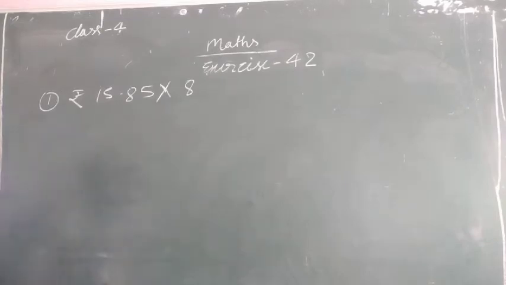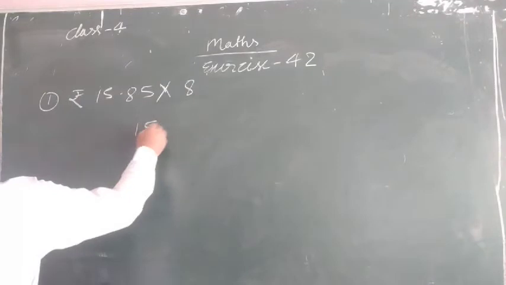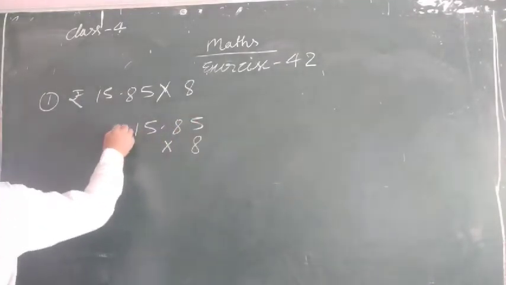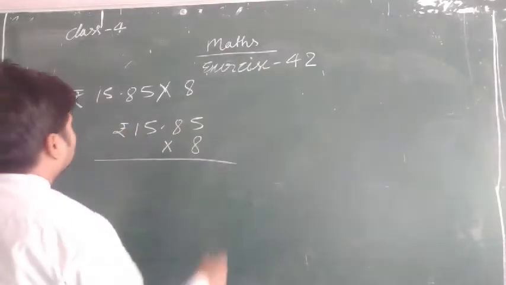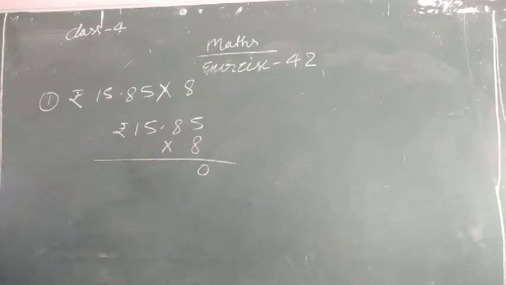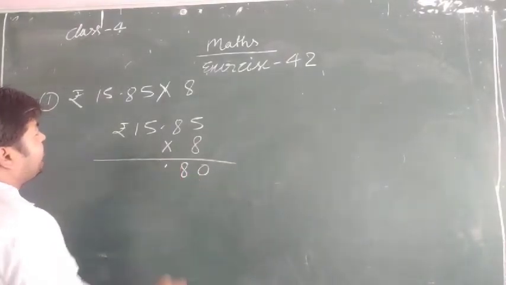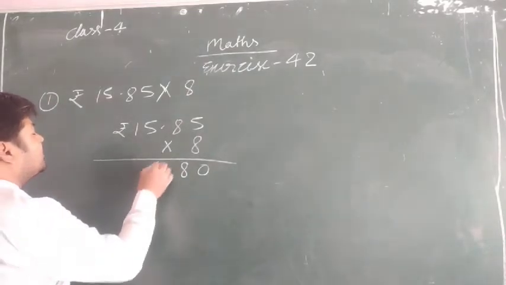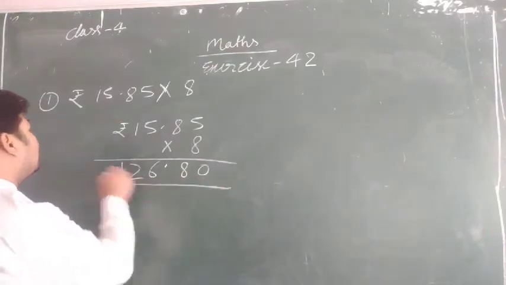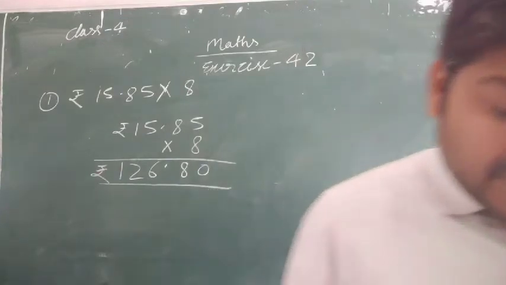So you have to multiply it. 8 fives are 40, 8 eights are 64 and 4 is 68, 8 fives are 40 and 6 is 46, 8 ones are 8, 4 is 12. So rupees 126.80 is your answer.